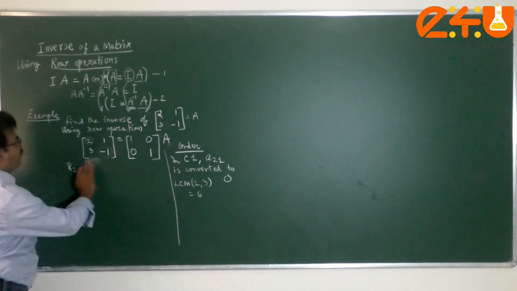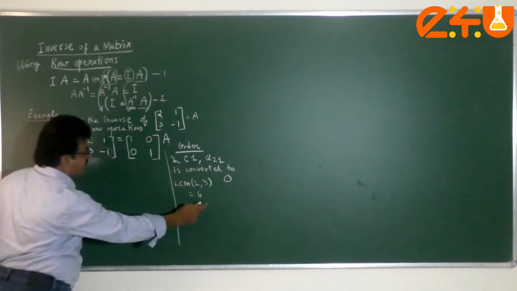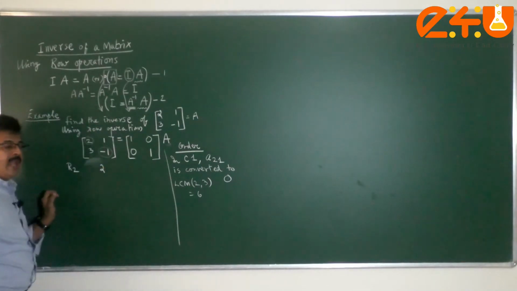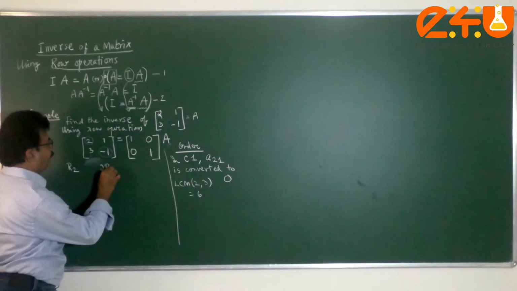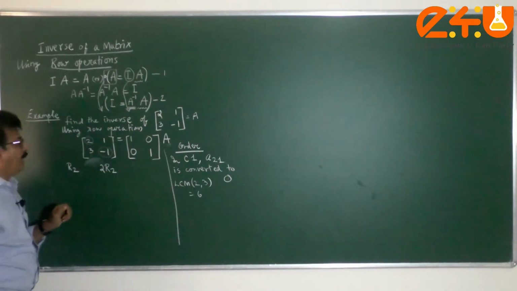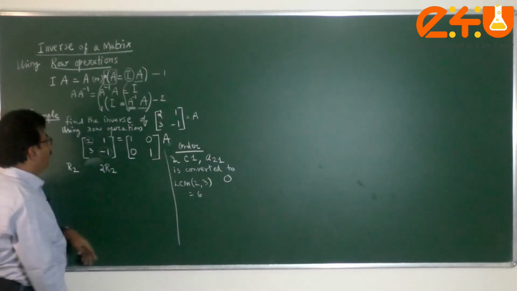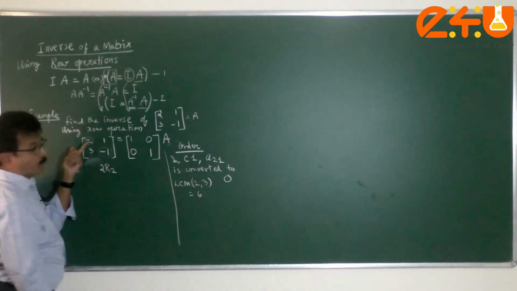So understand, when I am multiplying 3 with what number to get 6, I have to multiply with 2. And where is the 3 present? In row 2. And how will you eliminate it? By subtracting the 6 which is from row 1.